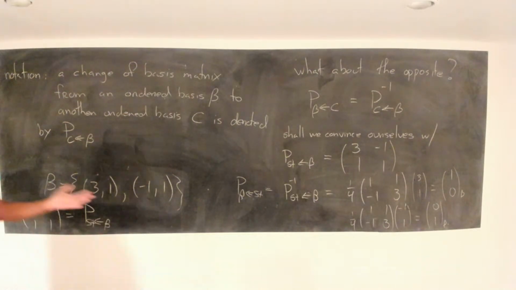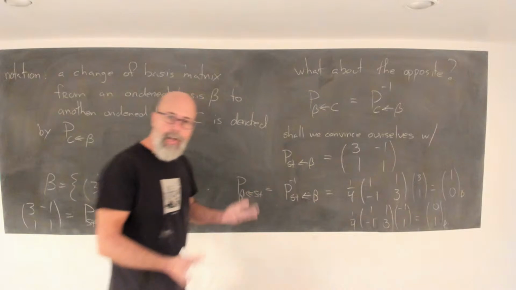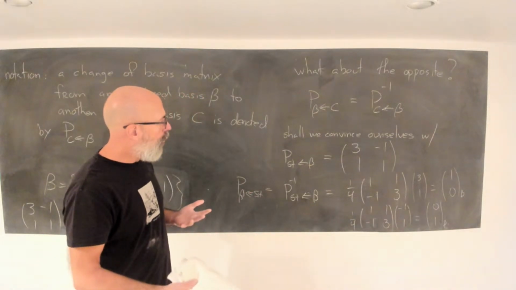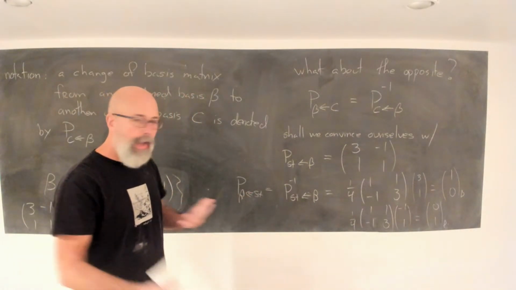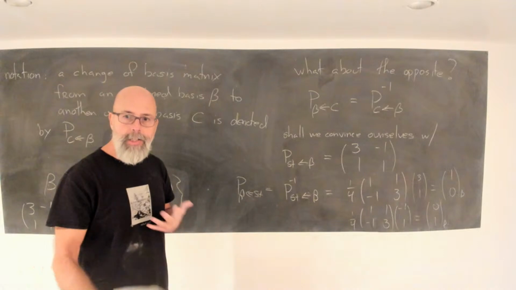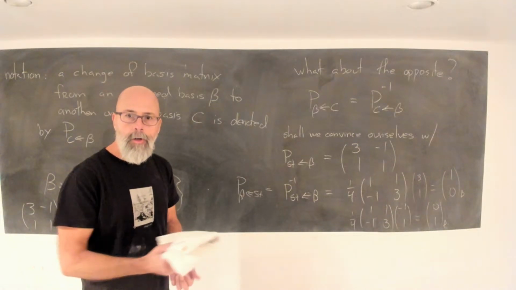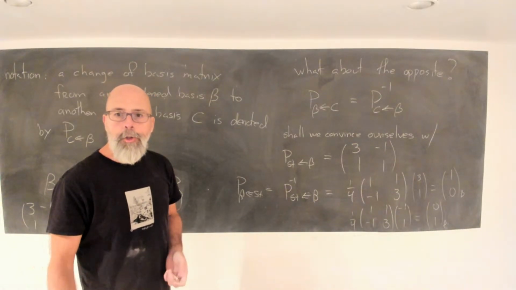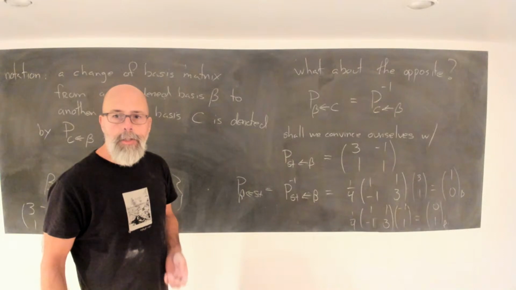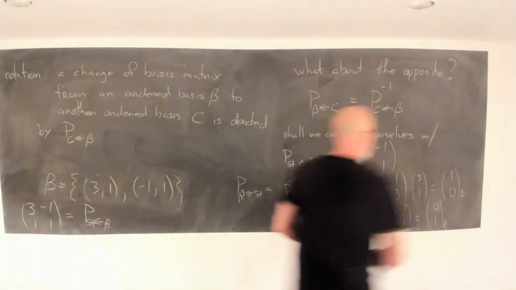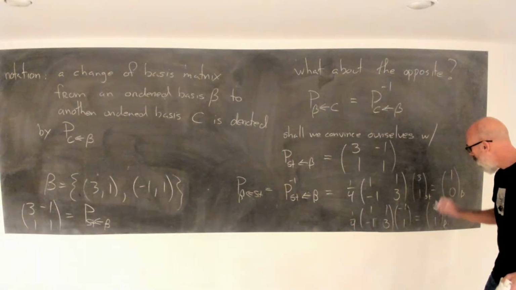Right, so let me point out this is a very nice and elegant way to rewrite elements in one basis versus another. Should there be a subscript? Certainly. This is in the standard.